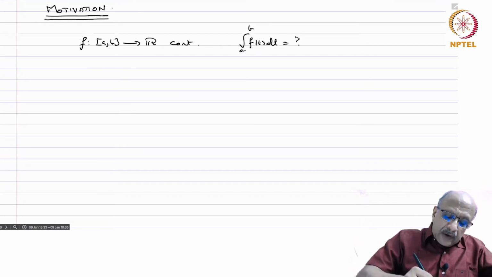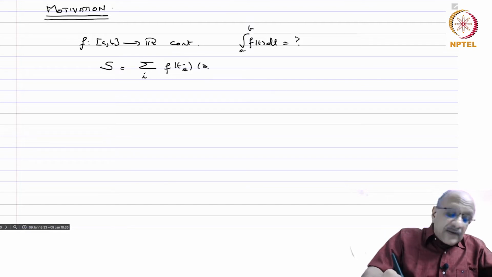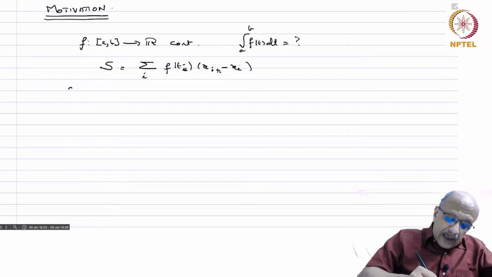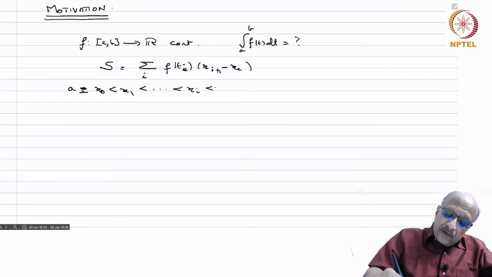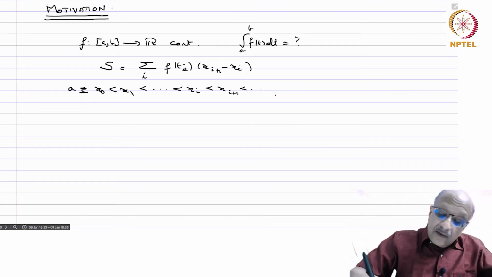So he computed sums of the form S equals sigma over i of f(t_i) times (x_{i+1} minus x_i), where a equals x_0 less than x_1, and so on, less than x_i less than x_{i+1}, and so on, less than x_n equal to b.